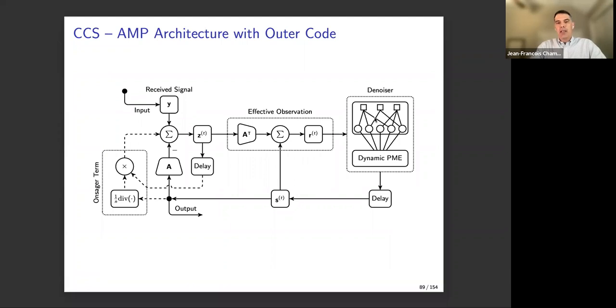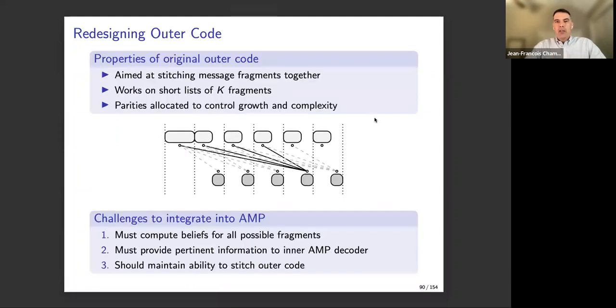This is the structure of the original problem, where we had the tree code adding redundancy to the different sections. What we are going to try to do is transform this, because we must be able to use it in the denoiser. Was there a question?